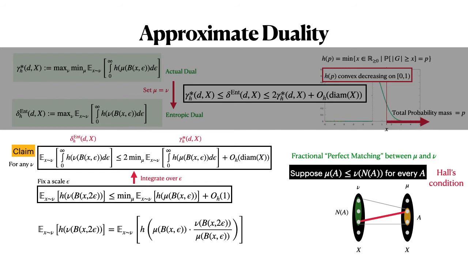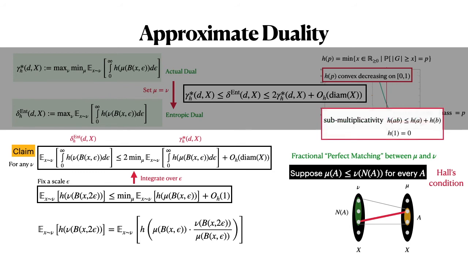You just divide and multiply by the same quantity, and we just use the very basic property of this function h, that it's submultiplicative. If you just use that, this ratio is at least 1 by our assumption, so just using submultiplicativity gives us that this is bounded by this quantity. And this is essentially the claim, and h of 1 is even 0 by our assumption, so this gives us the claim in this very special case.